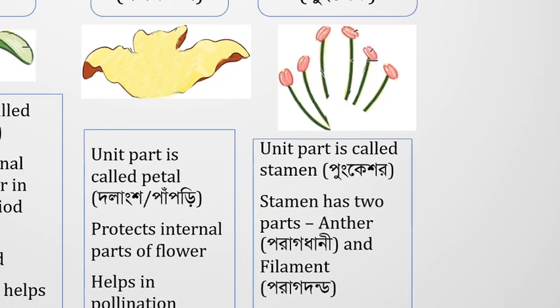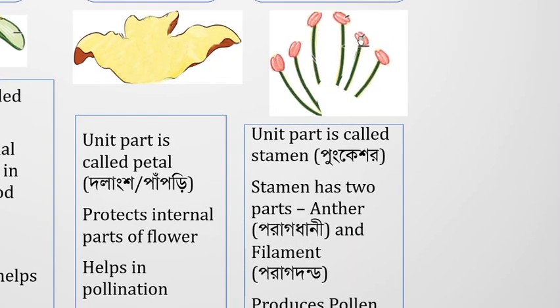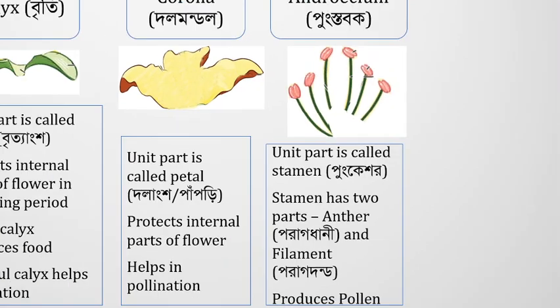Each stamen has 2 parts. The top one, the pink one, is called the anther, and the rod-like, tube-like shape is called the filament. Inside these anthers, pollen grains are produced, which ultimately produce male gametes.